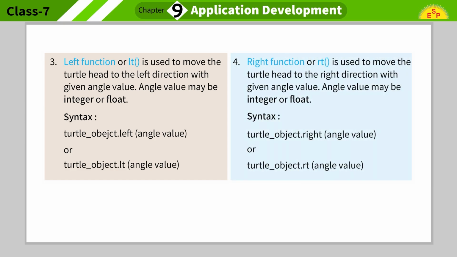Right function or RT is used to move the turtle head to the right direction with given angle value. Angle value may be integer or float. Syntax: turtle_object.right(angle value) or turtle_object.rt(angle value).